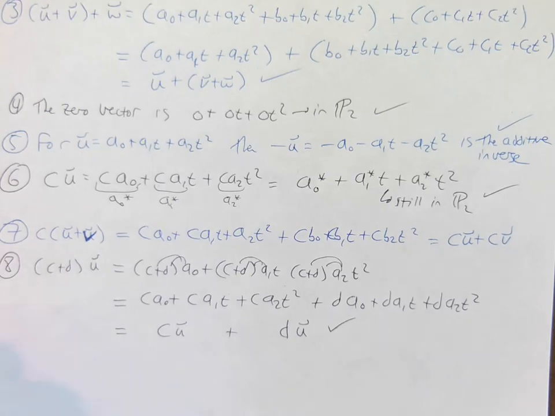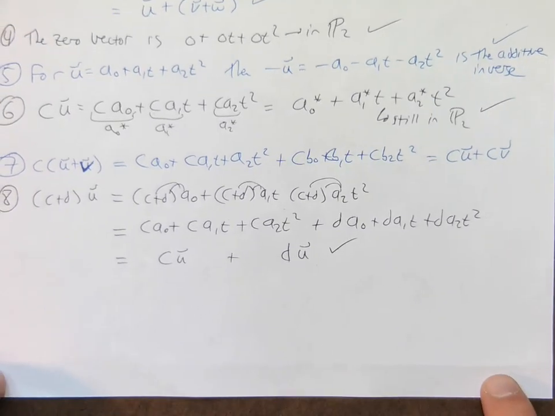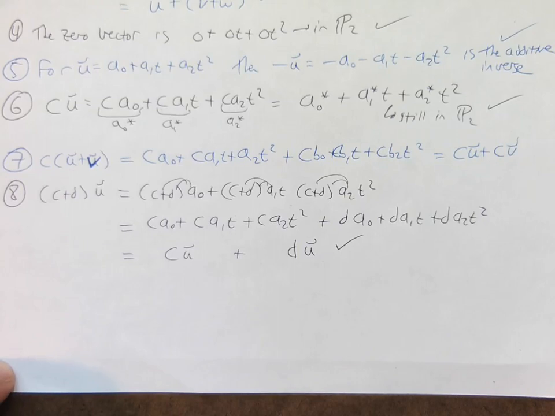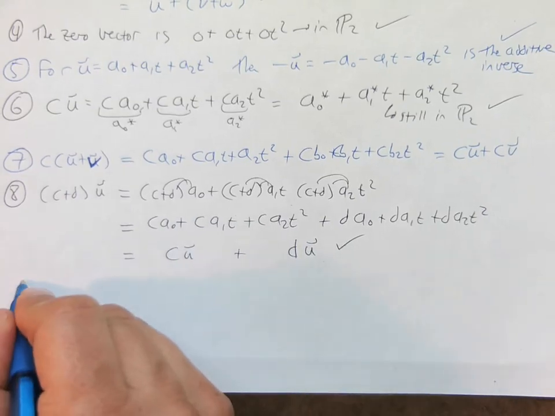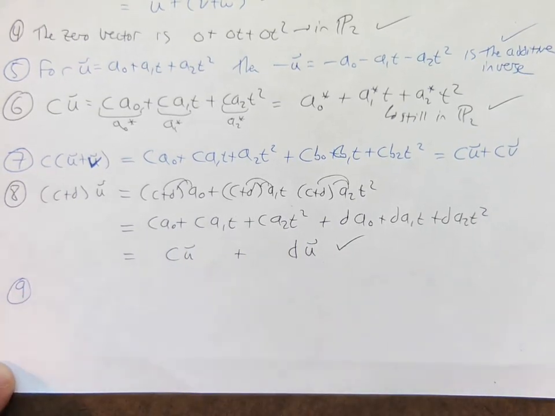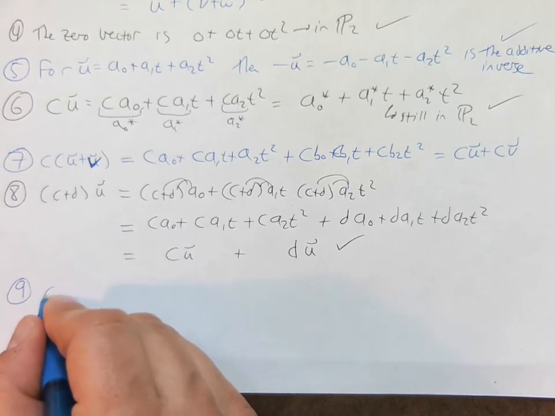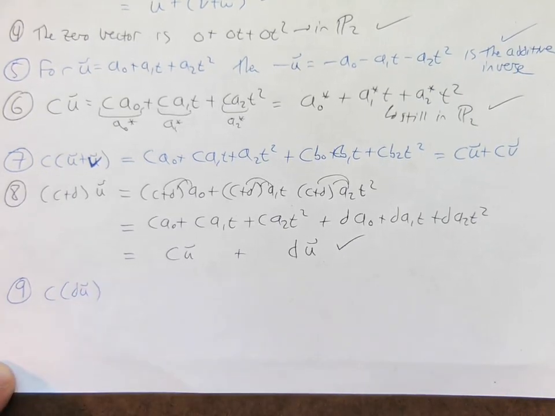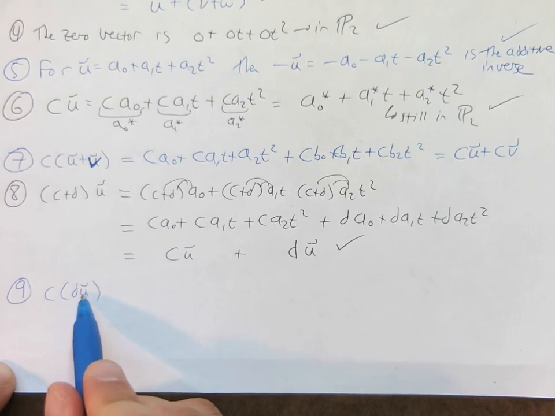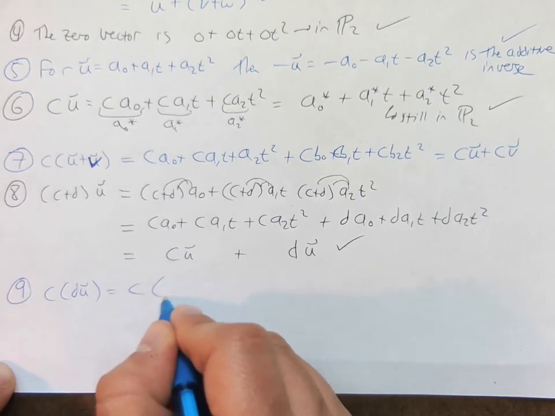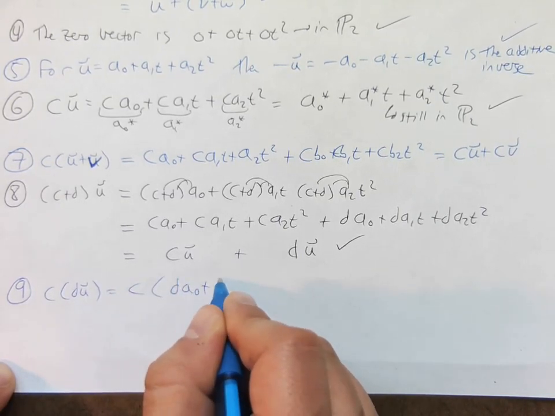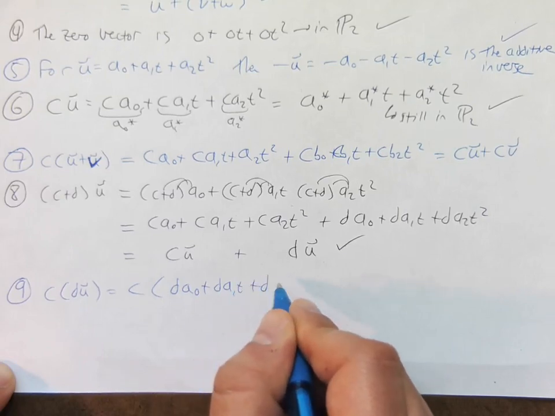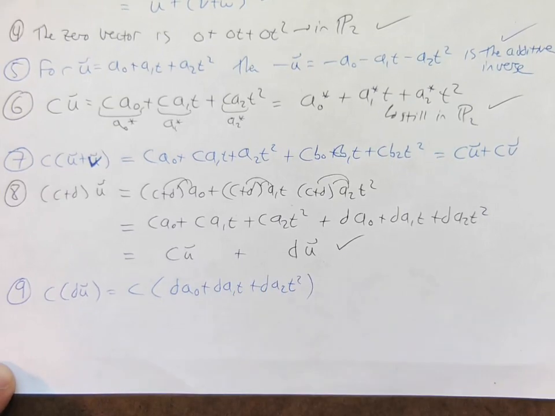Okay, let's finish off the last couple. Number 9 tells us we should be able to regroup scalar multiplication. So let's look at c times du. Well, first thing we would do is multiply d times u. And so we'd have c times dA0, dA1t, dA2t squared.